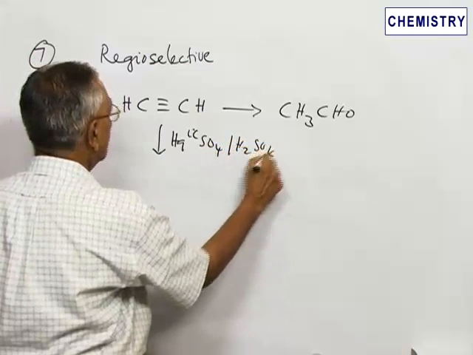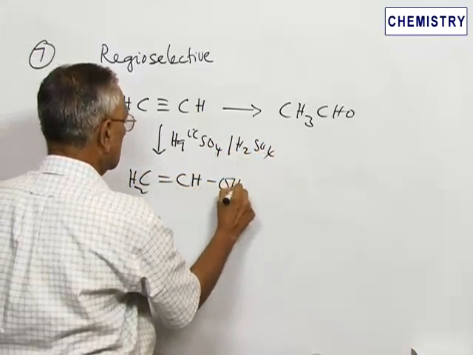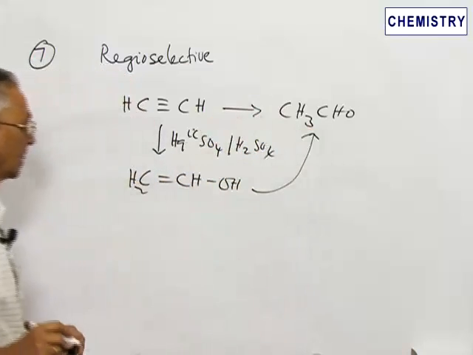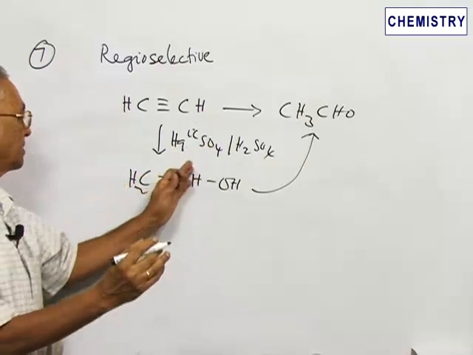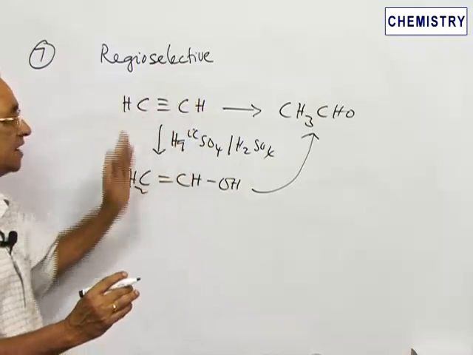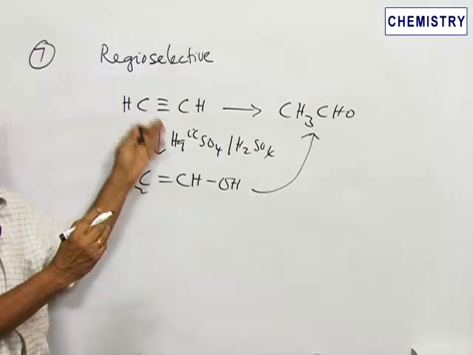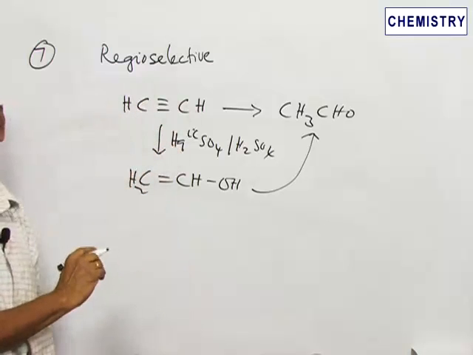This will give rise to an enol, which will further tautomerize to give acetaldehyde. So this is simply Markovnikov type of addition. One hydrogen gets attached here, the other OH gets attached here. As far as acetylene is concerned, there is nothing much as regioselectivity because the two carbon atoms are identical.